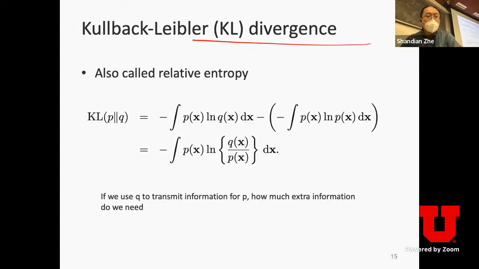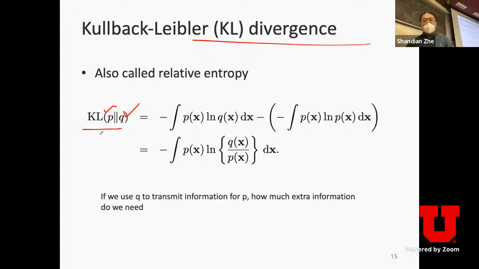The KL divergence can be viewed as a difference, or very roughly speaking, the distance between two distributions. So I got two distributions, P and Q. Rigorously speaking, it's not a distance because it doesn't satisfy symmetry.